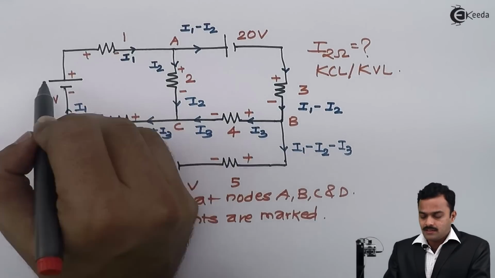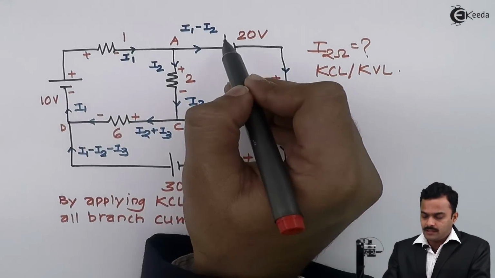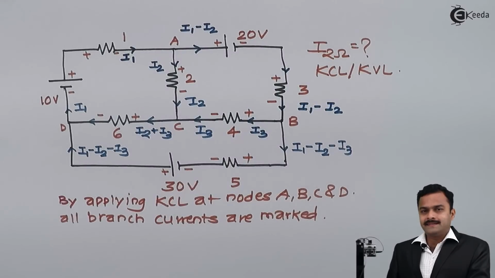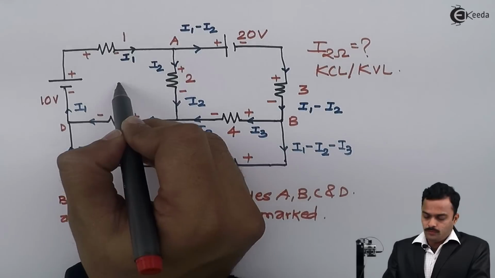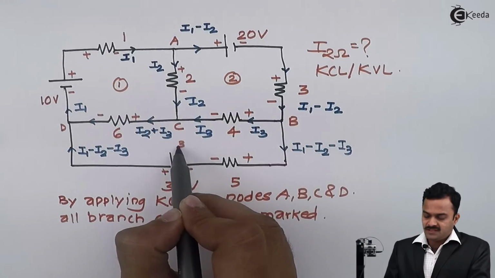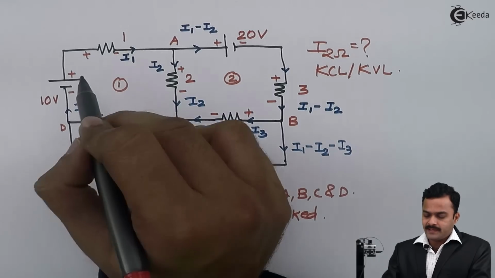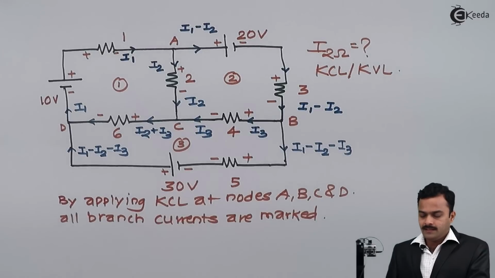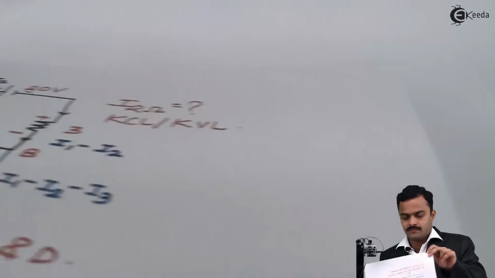It will be fixed, longer arm plus, shorter arm minus. Now my circuit is ready for application of KVL. So let's apply KVL to loop 1, loop 2 and loop 3. Every time I am tracing a path in clockwise direction. So keeping this in mind, let's write the equation.